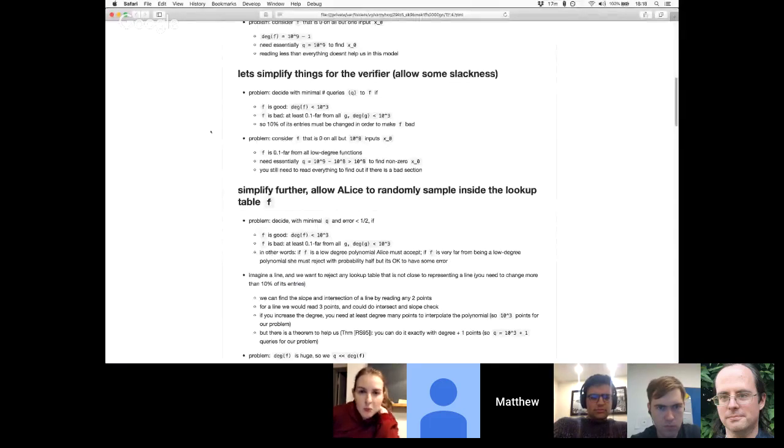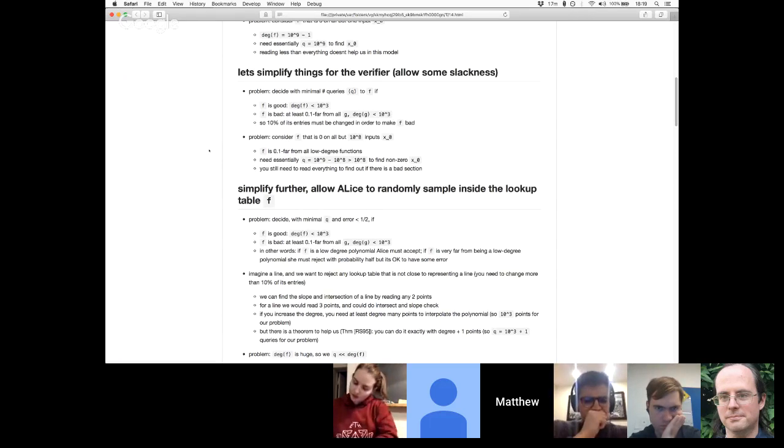So the problem statement truly is that if you were to have this 0.1 far, so if you're allowed to have 10% of all the entries in f to be off, but not more than 10%, can you still have an efficient way to query into f?